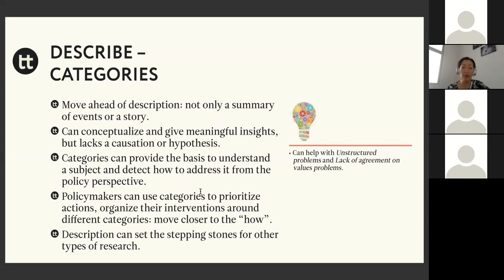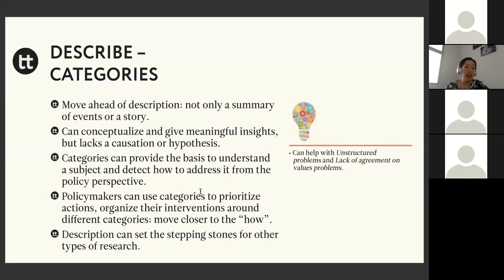For example, categories is also what we were saying in climate change issues, when someone came up with the categories that policies can be divided between adaptation and mitigation. And that has framed all sorts of policy decisions, from funding to specific programs, all sorts of activities.